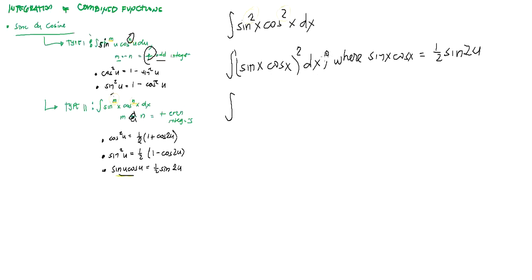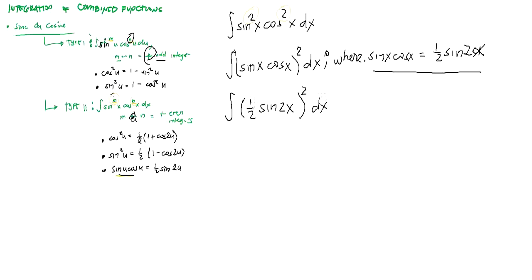Using this, we can now transform this as 1/2 sine 2x, then this whole term squared, dx.